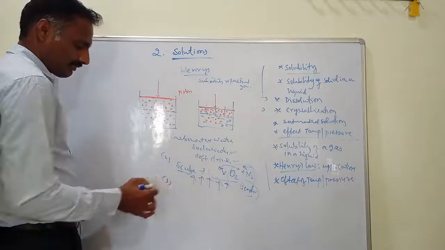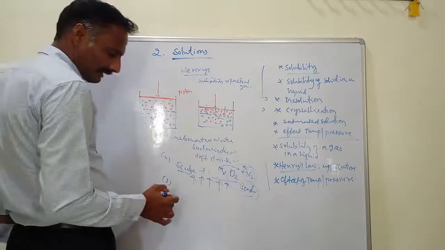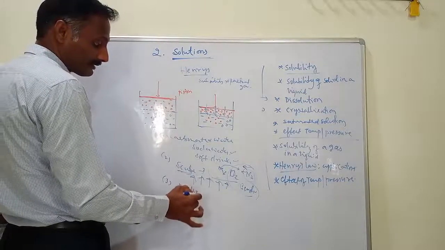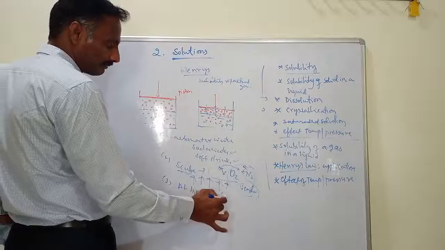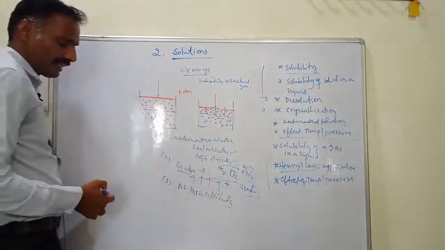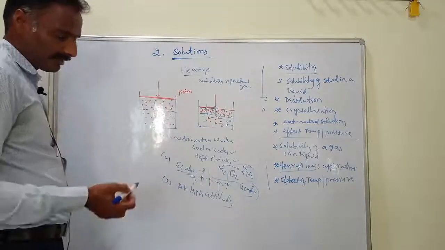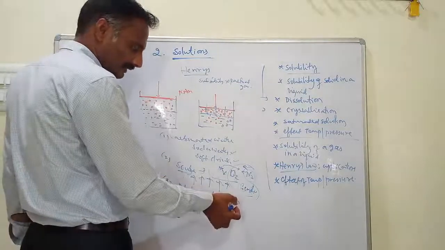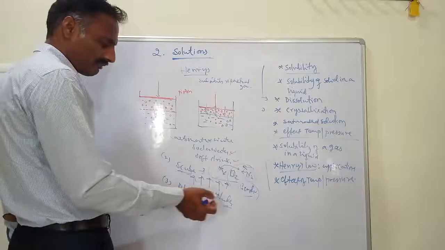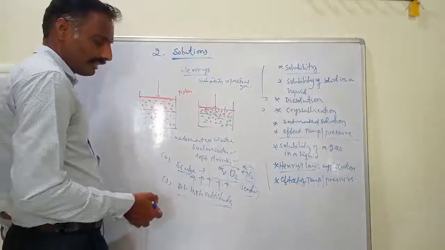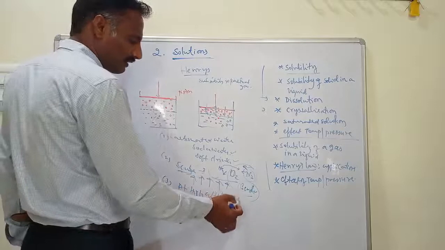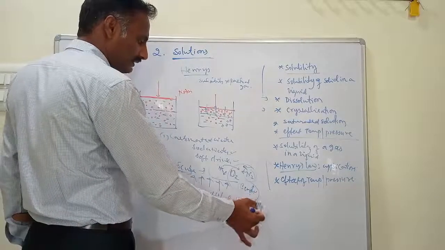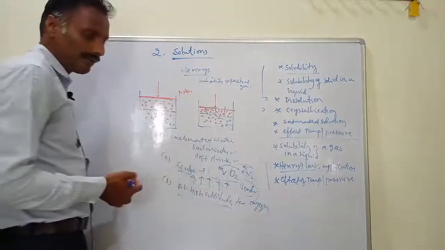Then the third one is at high altitudes. The people living at high altitudes, like Kodaikanal or Ooty, or the Himalayas, have less amount of oxygen available.